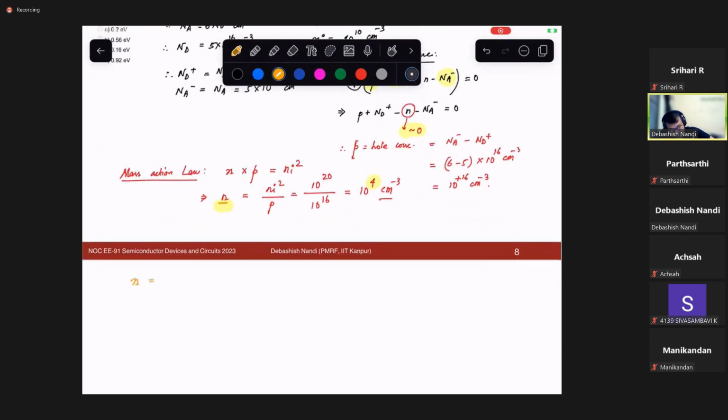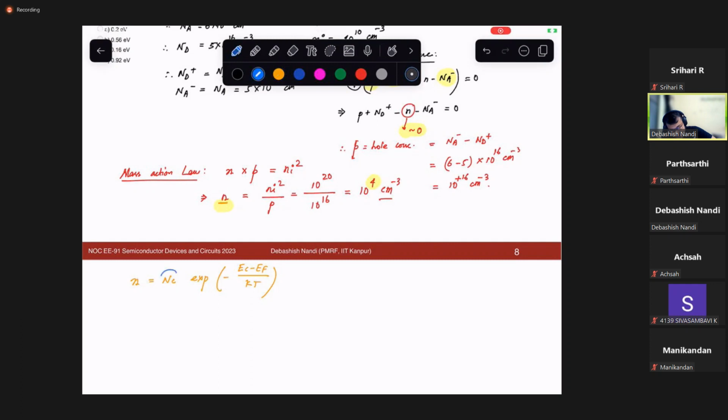So n equals Nc exponential of minus (Ec minus Ef) by kT. I think you know how to derive this formula. It is given in the lecture. There is a very simple integration you need to do with the Boltzmann approximation, but you need to have the idea of density of states and Fermi distribution, or Boltzmann distribution.